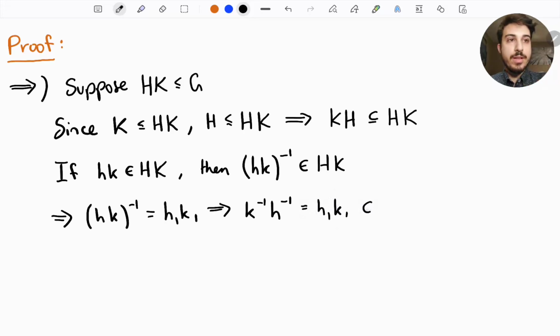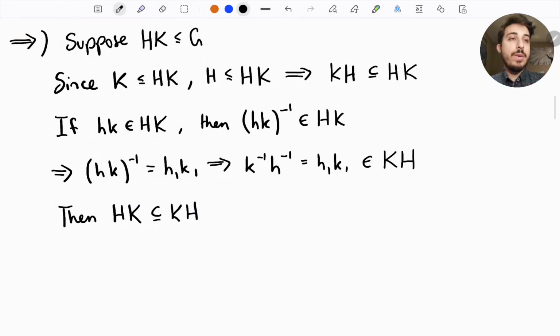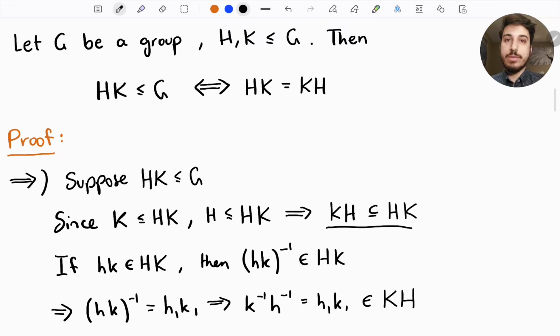And this, of course, is in KH, because this element is in K and this element is in H, because K and H, again, are subgroups closed under inverses. So we have just proven that HK is contained inside KH. Now we have proved the double inclusion, and we can say that HK is equal to KH, proving the forward direction of the proof.